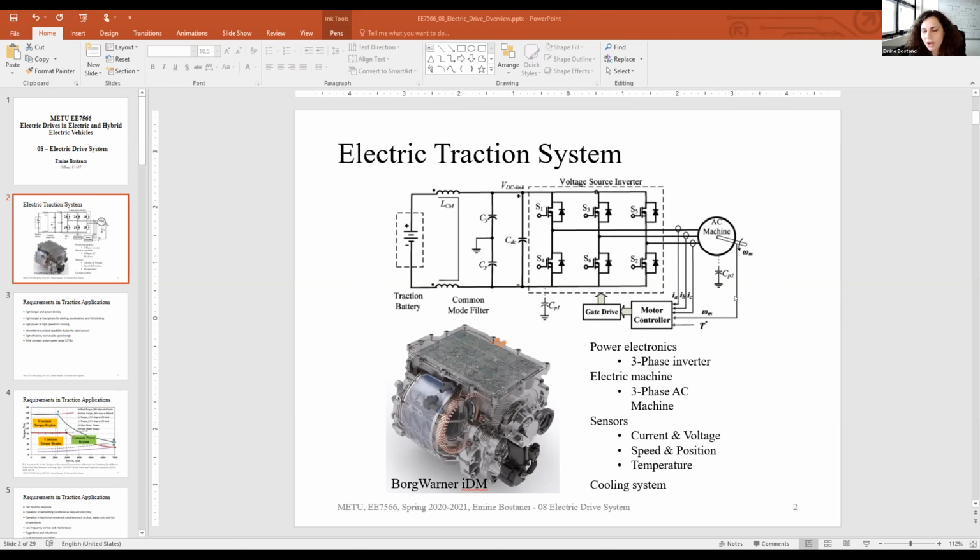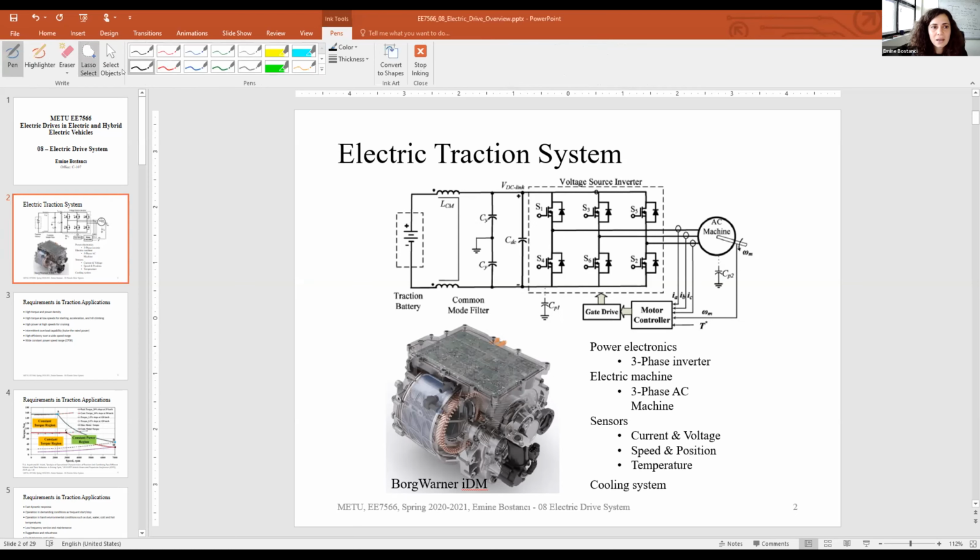And to be able to drive an AC machine, we need a voltage source inverter, because as we have learned, and we talked about it for many weeks, on board we have a DC voltage available. So we need a DC to AC converter, which is called an inverter. And since this is usually a three-phase machine, we also need a three-phase voltage source inverter.